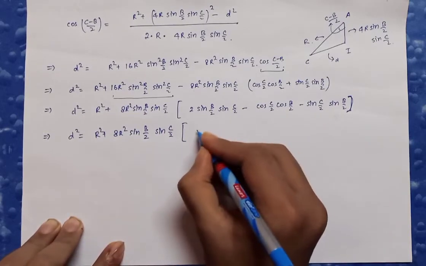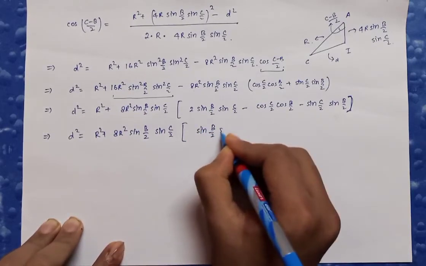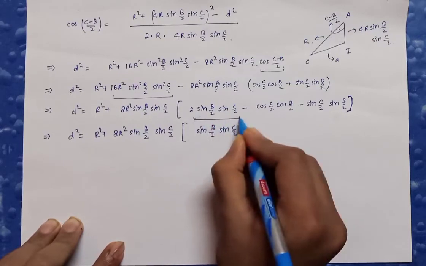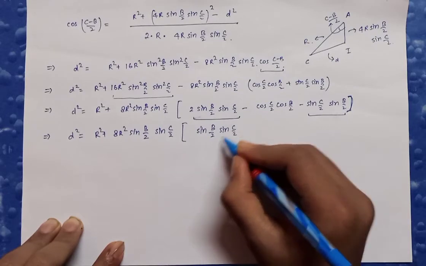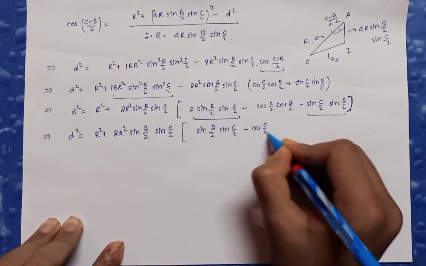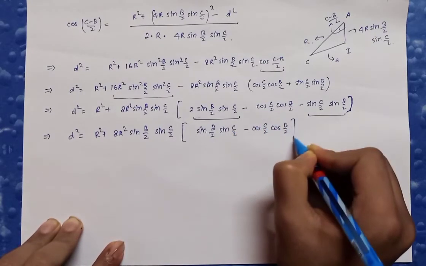Now this can be written as sin(B/2) sin(C/2), because 2 times this minus 1 times this, that means only one more time, sin(B/2) sin(C/2) minus cos(C/2) cos(B/2).